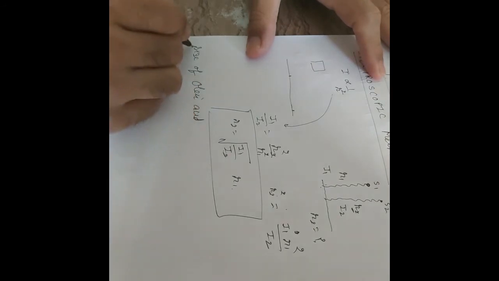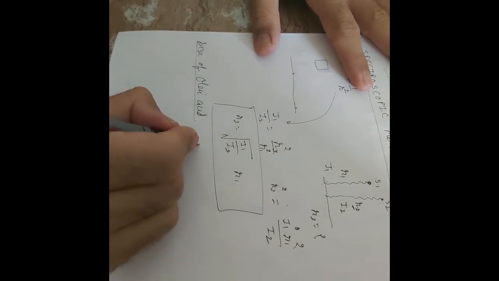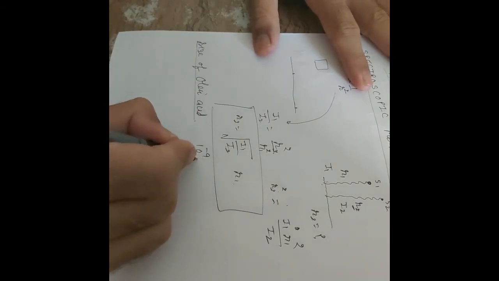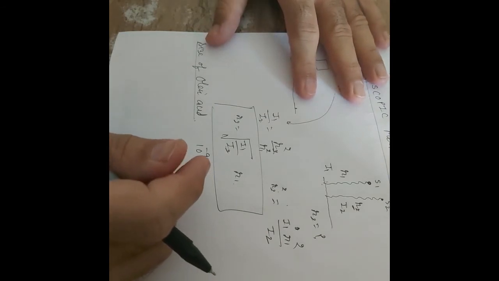How can we measure the size of oleic acid? Listen, the size of oleic acid is of the order of 10 to the power minus 9 meter.